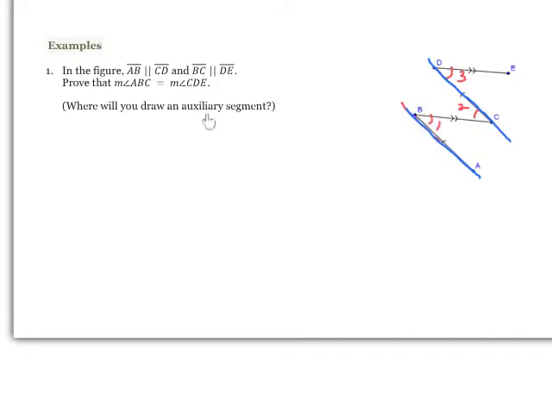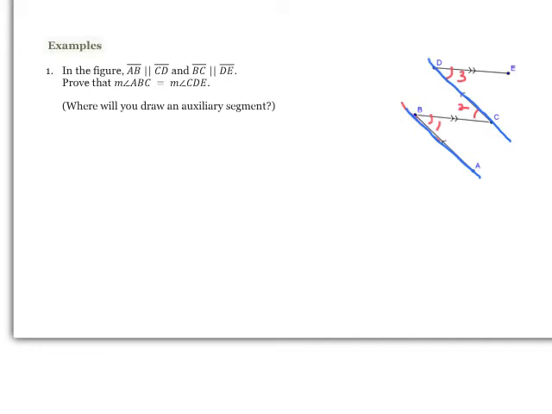So instead of drawing an auxiliary segment, I just labeled these angles. And by alternate interior angles, 1 is going to be congruent to 2. And then if you jump up here, now we have parallel lines, and CD is the transversal, making 2 congruent to 3.